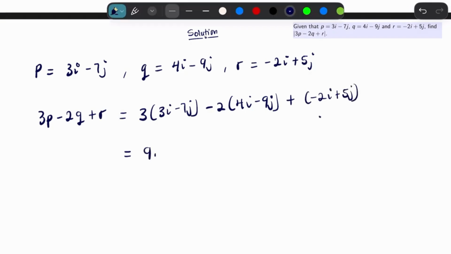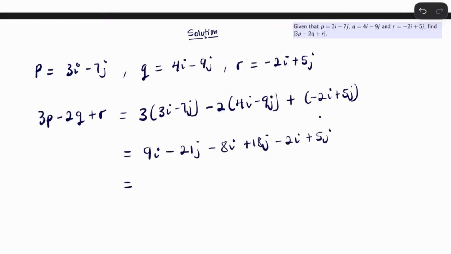Thus, we are going to have 9i minus 21j minus 8i plus 18j minus 2i plus 5j. So when you add the i components, that's 9 minus 8 minus 2, we are going to have minus 1, that will be minus i. And when we add the j components, that's minus 21 plus 18 plus 5, you're going to have 2.